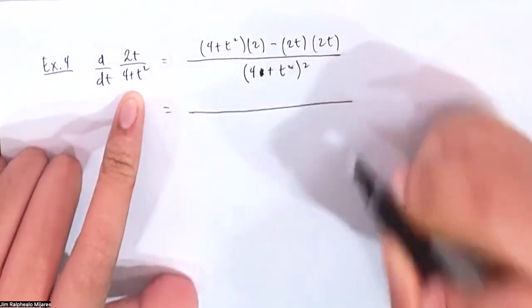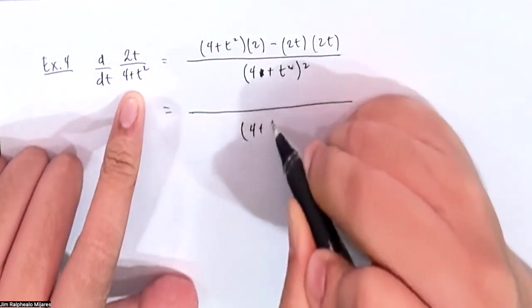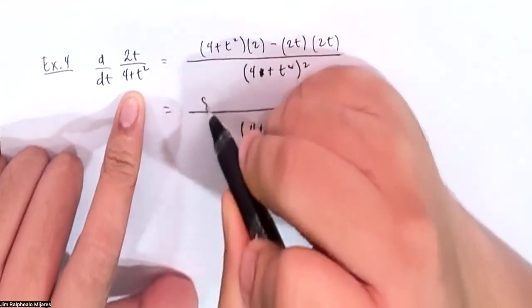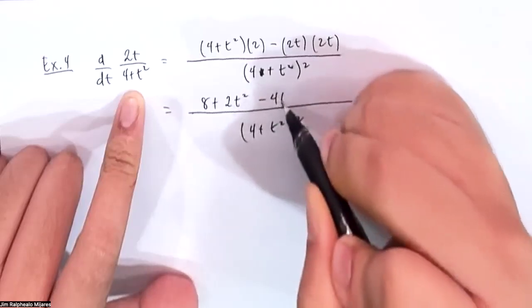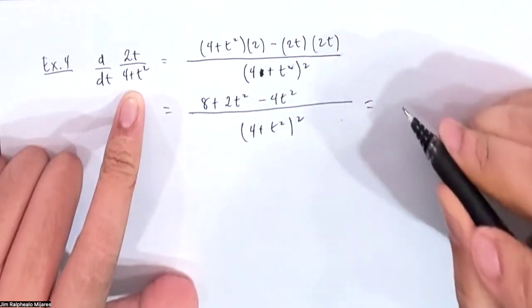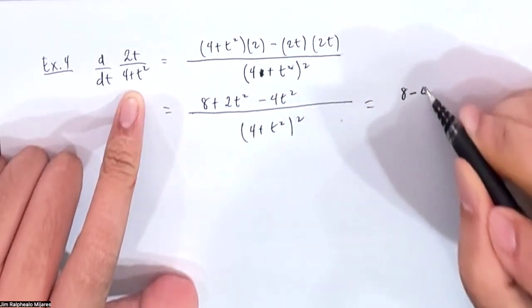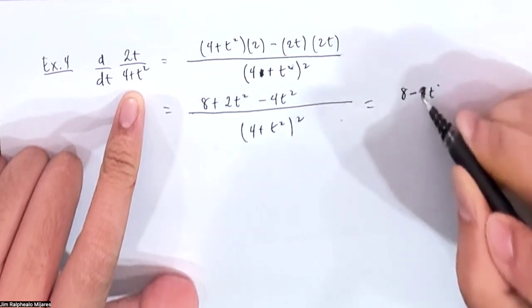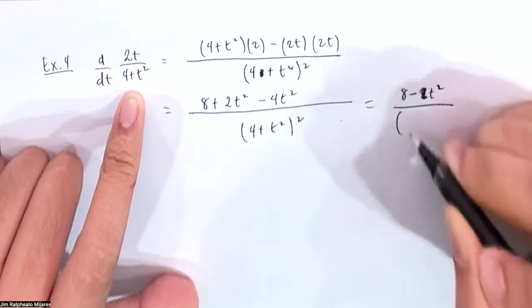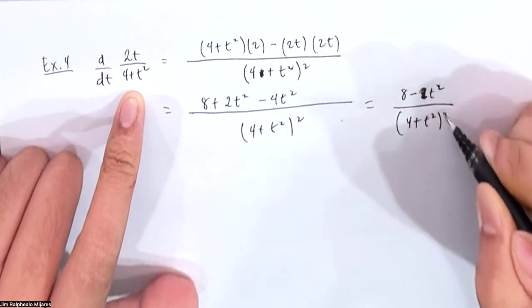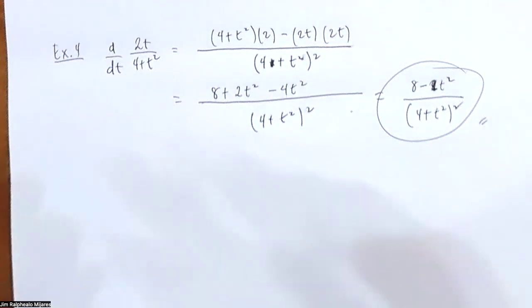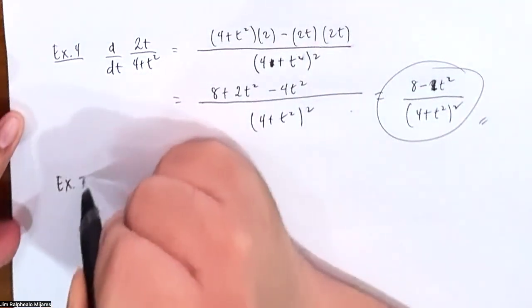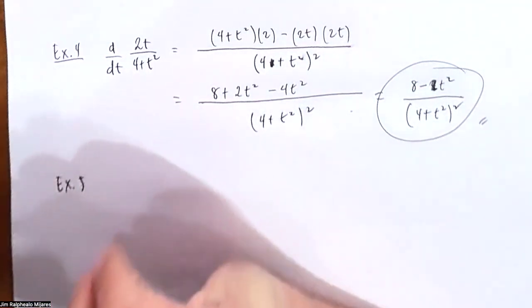So if you simplify that, 8 plus 2t squared minus 4t squared, which is equal to 8 minus 2t squared, all over 4 plus t squared squared. So this is the final answer. Okay? Easy. Easy money.